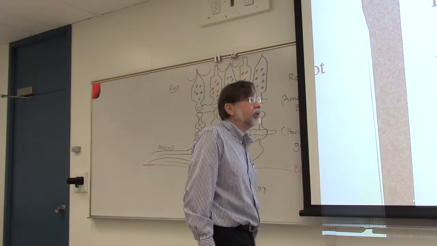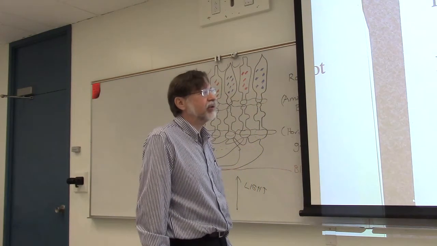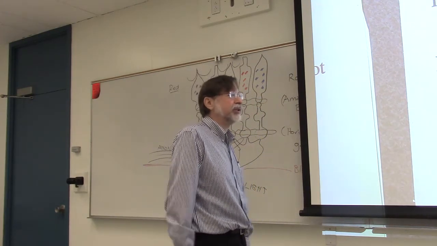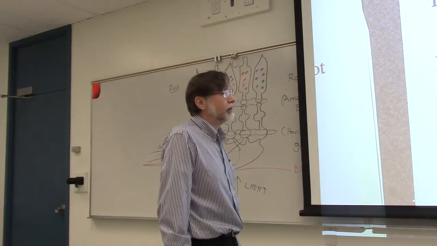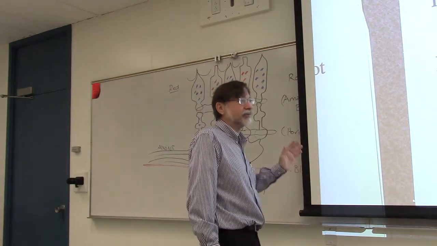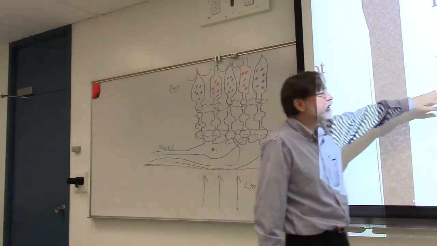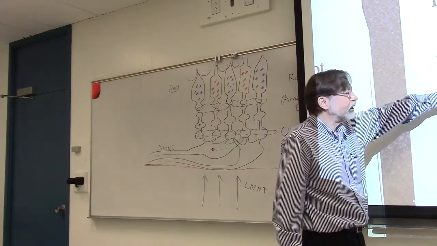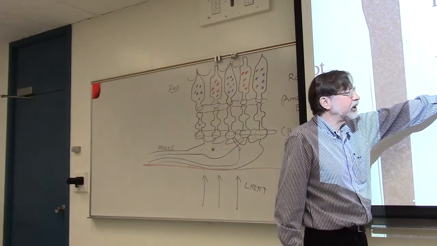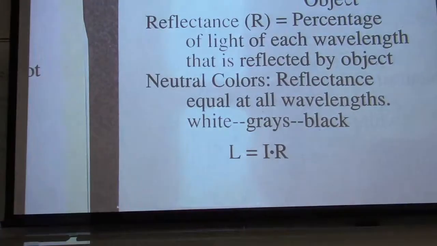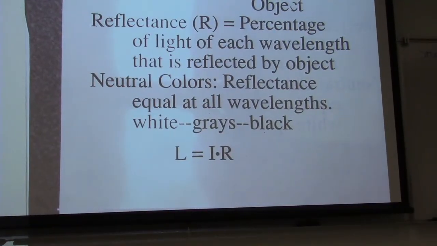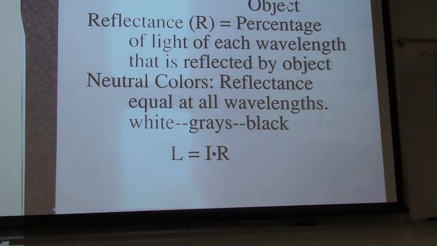So reflectance, when it's equal at all wavelengths, so the amount of light at all wavelengths, we're talking about the neutral colors. So if the light is equal, we're talking about the scale of whites to grays to black.